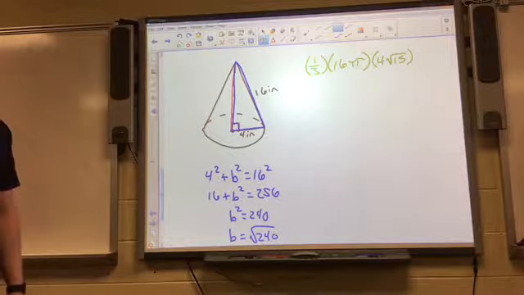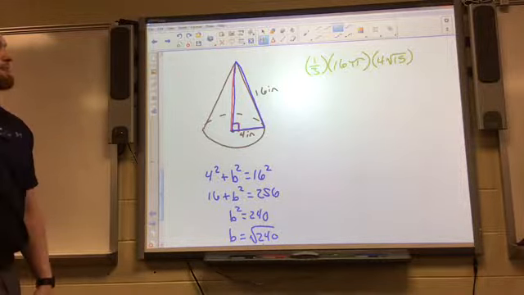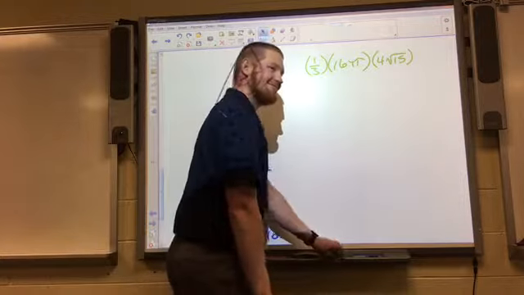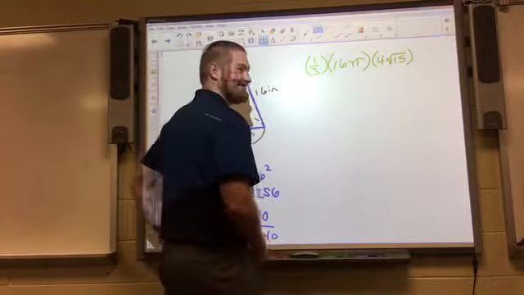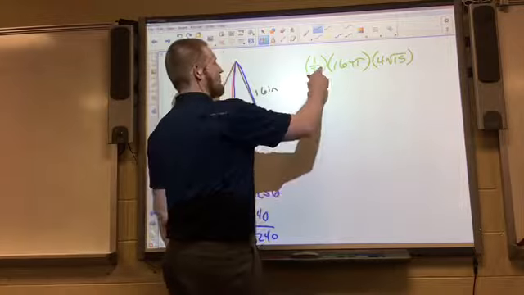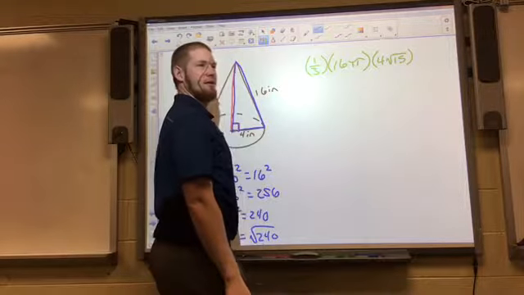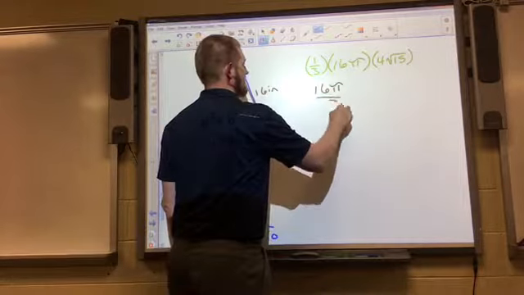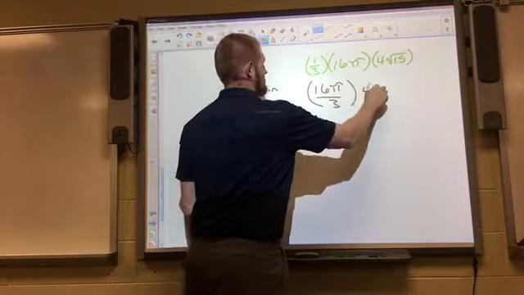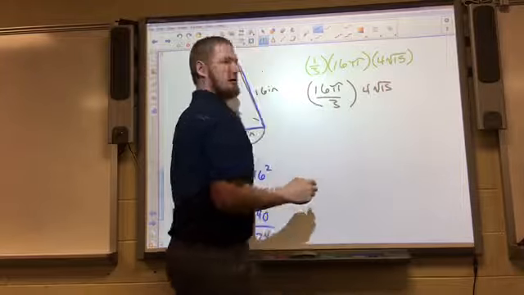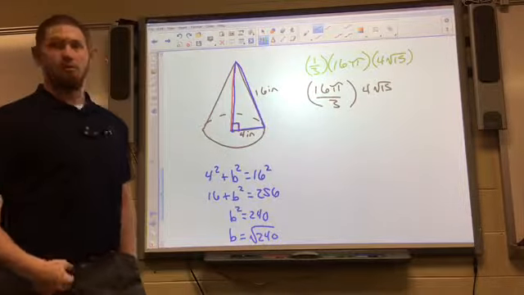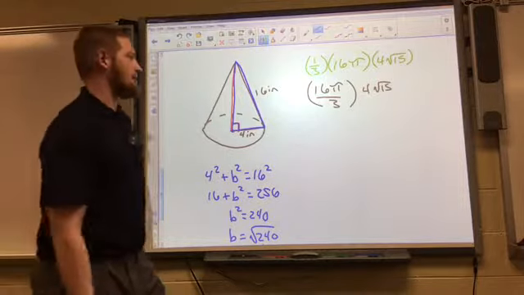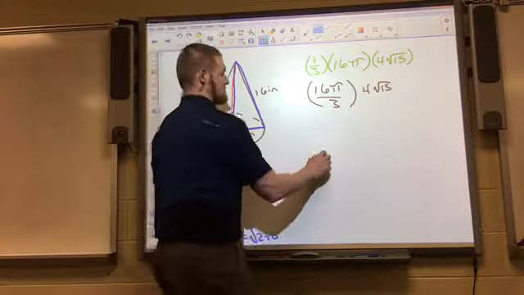Okay? So now I just need to multiply everything together, right? What's 1/3 times 16 pi? Good. 16 pi over 3 times 4 square roots of 15. Top or bottom? Well, you could have it on the side, but I'm going to erase this, so don't write this.